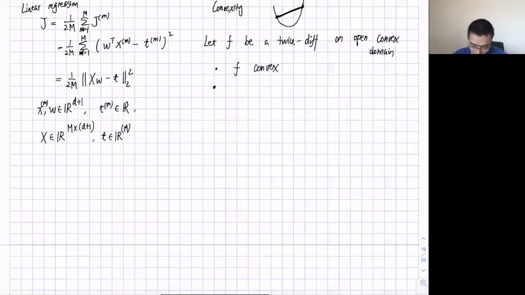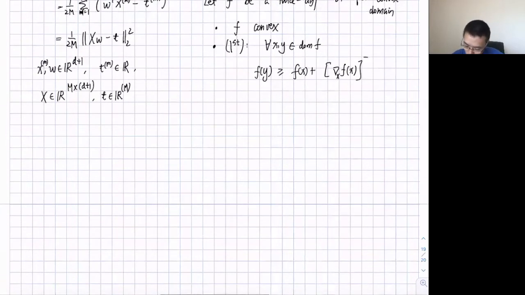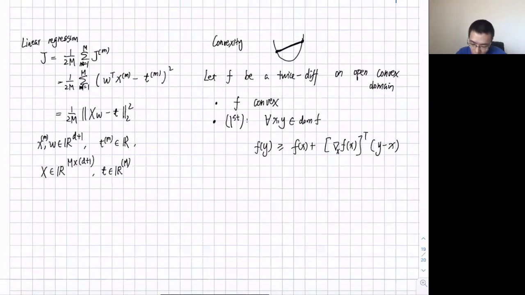And the first order condition says for any points X and Y in my domain of F, F of Y is greater than or equal to F of X plus the derivative of F at X, with respect to X, transpose, Y minus X. So this says at any point, the tangent line, or the flat tangent hyperplane at that point, is a lower bound of the entire function.